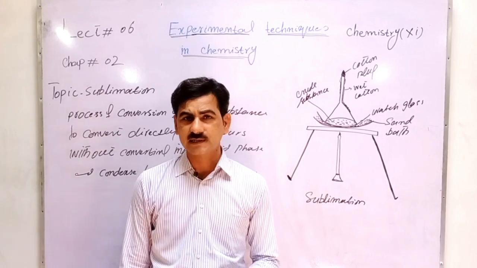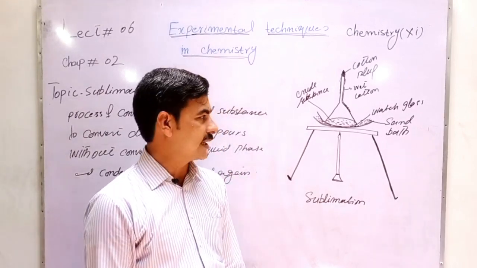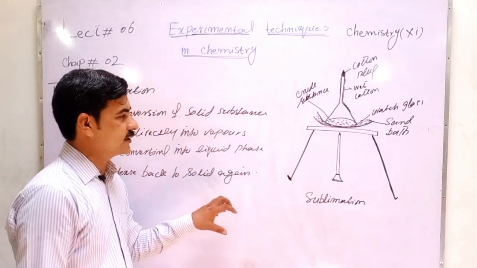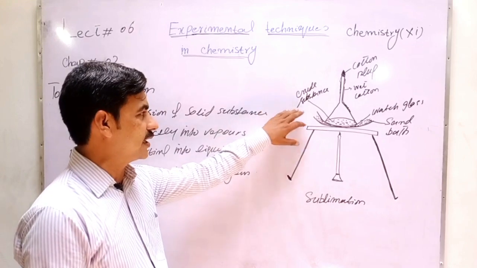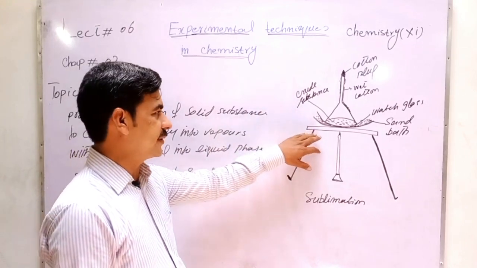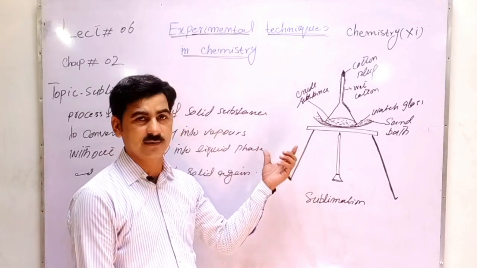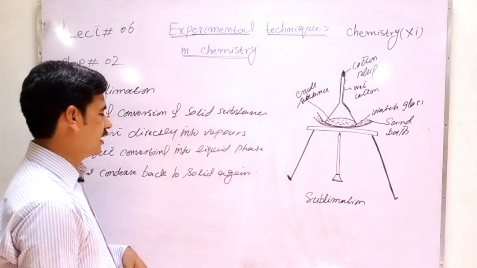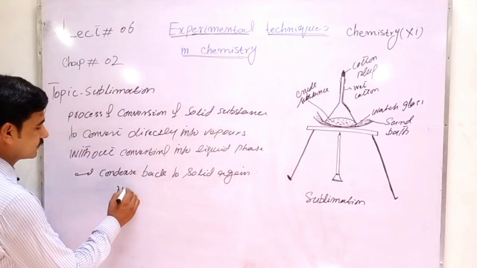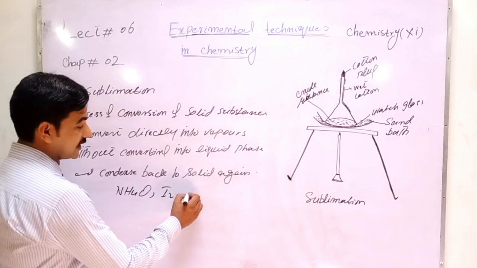Before this we have discussed filtration and crystallization, but in this technique, thermally unstable substances present in the mixture may be separated by sublimation, because when we heat the material, sublimable products like ammonium chloride, iodine, and naphthalene vaporize.